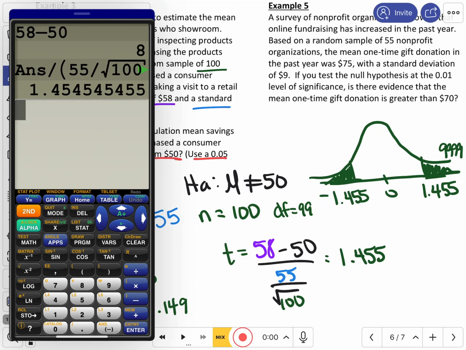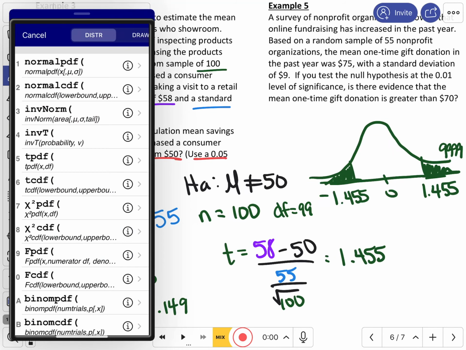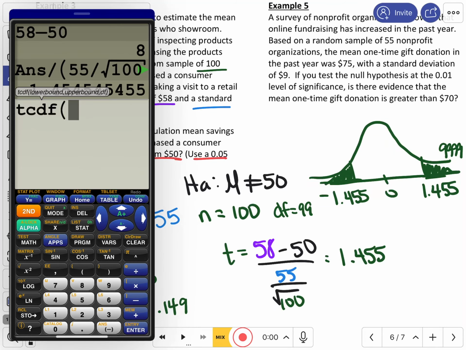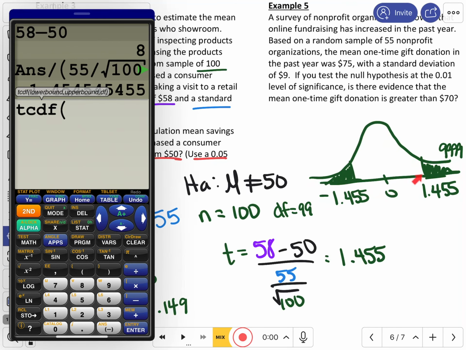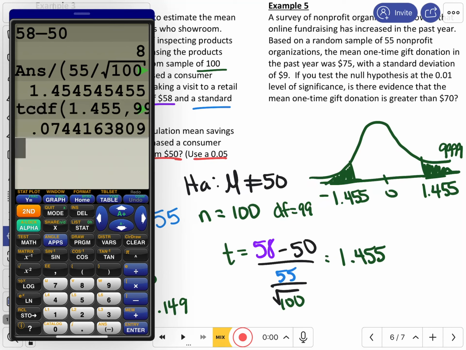So I go second vars, and I'm going to use the TCDF function. The lower bound is starting here at 1.455. The upper bound is going to 999. And I need a degree of freedom, which is 99. When I do that, I get this right here.